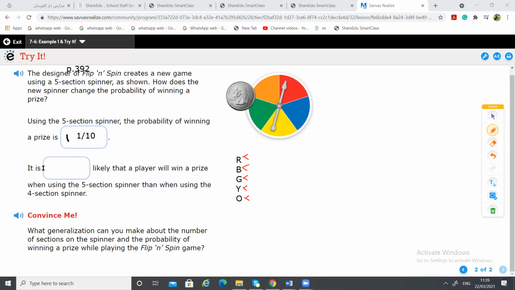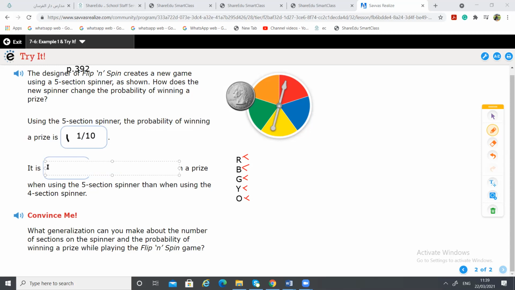And 1 out of 10 is how much? If you calculate, is it likely or unlikely, girls? Use the calculator and tell me. 1 out of 10 will be 0.1. Multiply by 100. 10%.